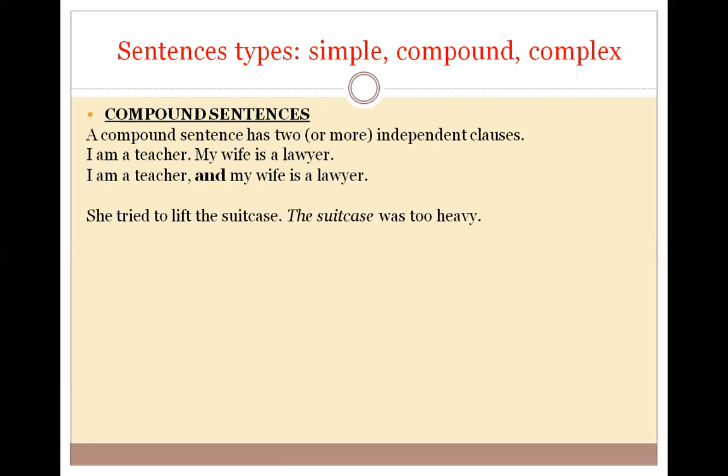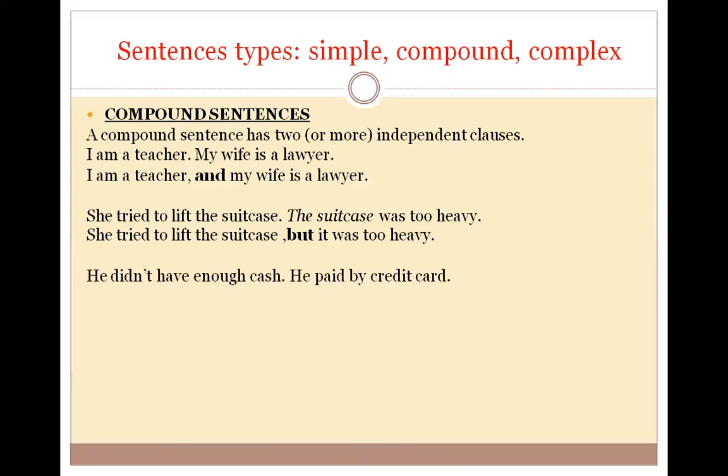She tried to lift the suitcase. It was too heavy. Now over here, they are two sentences. If we read them separately, we can easily understand. She tried to lift the suitcase, comma, but it was too heavy. Again, we are combining the sentences with the help of a coordinating conjunction, and it's called a compound sentence.